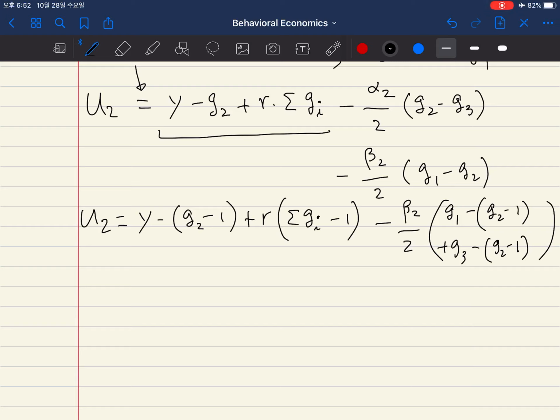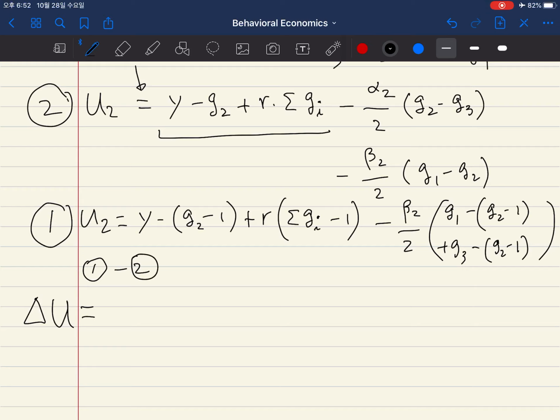So let's say this is number 1 and this is number 2. So number 1 minus number 2. We want to calculate the utility change. We're going to show that number 1 is bigger than number 2.